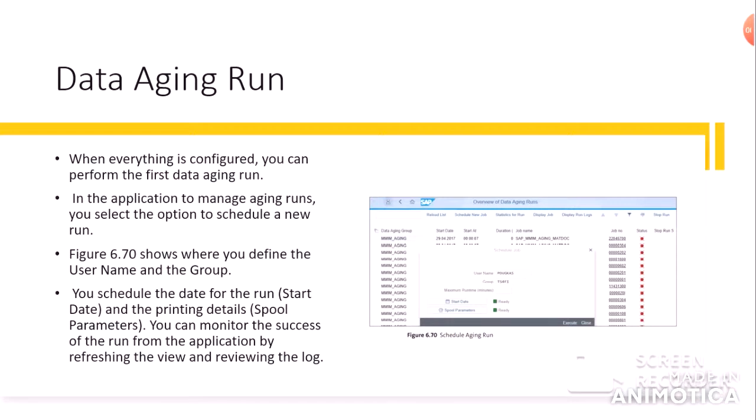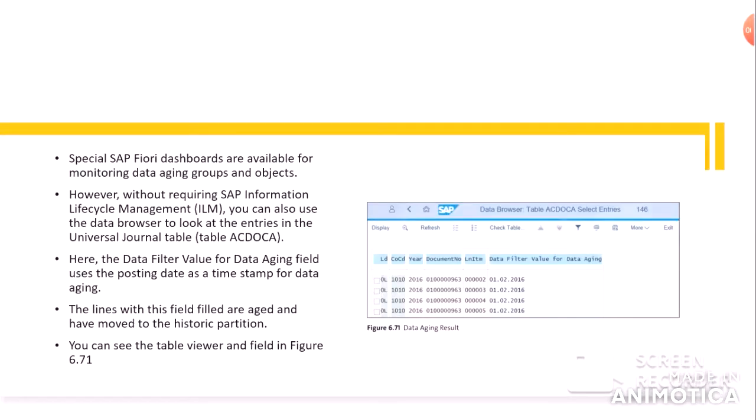Special SAP Fiori dashboards are available for monitoring data aging groups and objects. However, without requiring SAP Information Lifecycle Management, you can also use the data browser to look at the entries in the table ACDOCA.